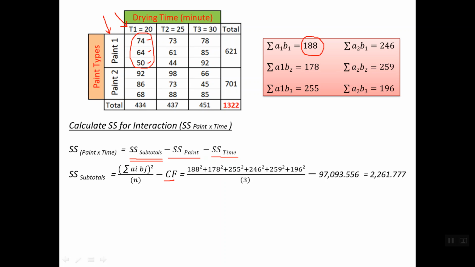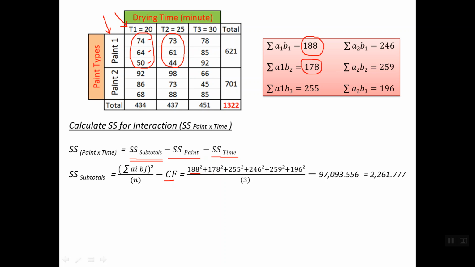So simply for A1, B1, the total is 188, and you should square it. For A1 and B2, these are the records for this group, and the summation is 178.